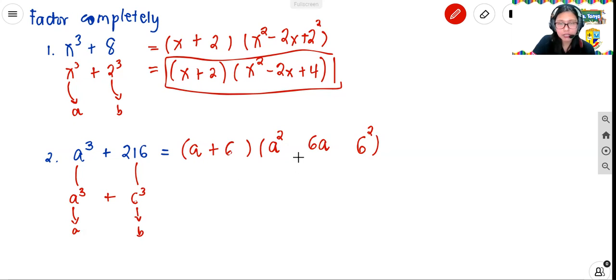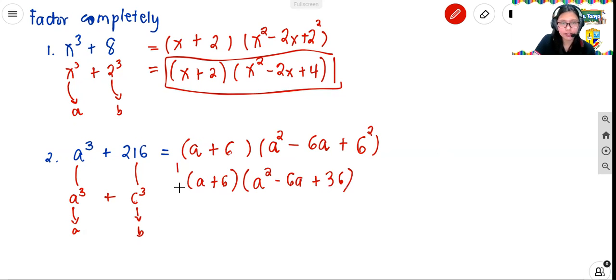Since it's plus, I will put minus and then plus. So simplifying this more, the factor of a cubed plus 216 is a plus 6 times a squared minus 6a plus 36. So this is our answer.